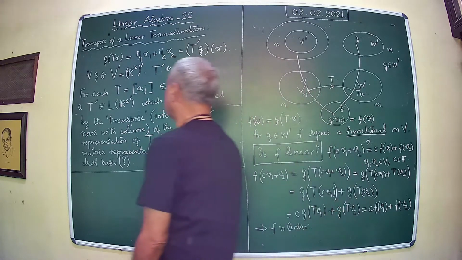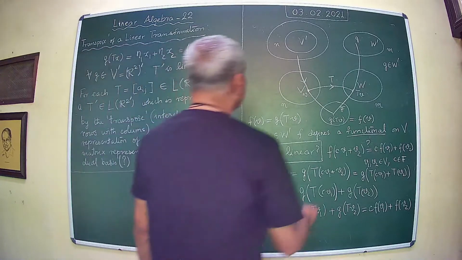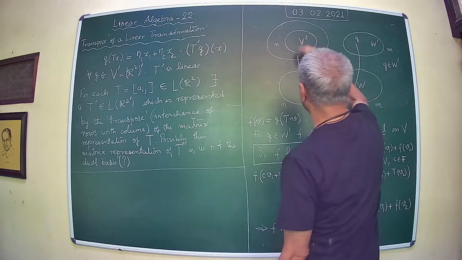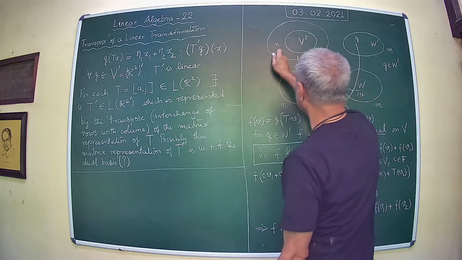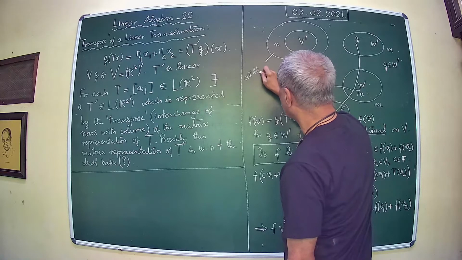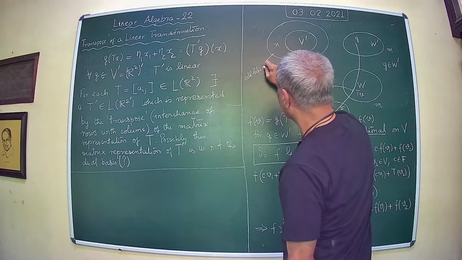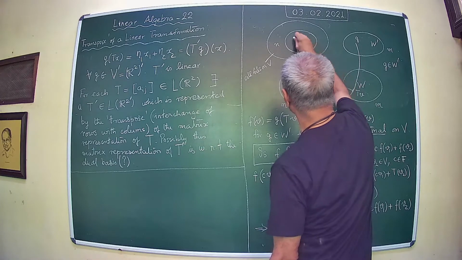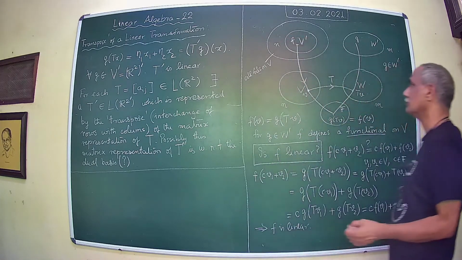Okay, which implies so that is done. Therefore, in this figure, you see that this is the space of all functionals on, so the place of F is here. Okay.